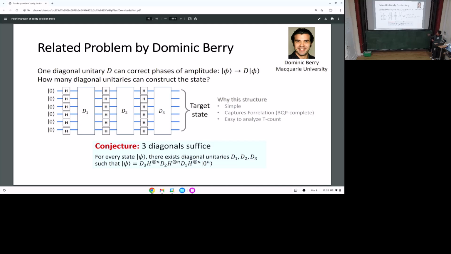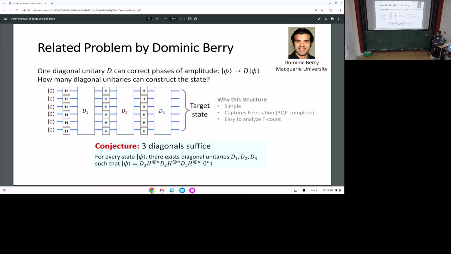And third, it's easy to analyze the cost, because we know the cost to implement a diagonal unitary, and Hadamard is free. Sorry, I just asked about BQP completeness. Can you restrict the values on D? To get BQP completeness, you can even use Boolean diagonal unitary.